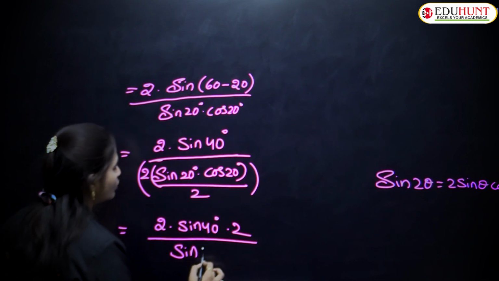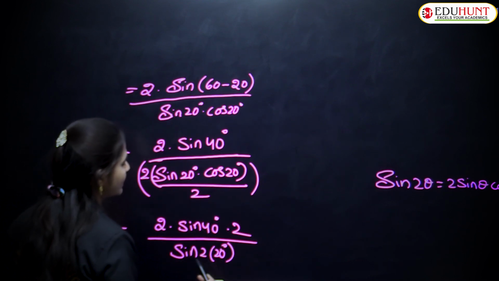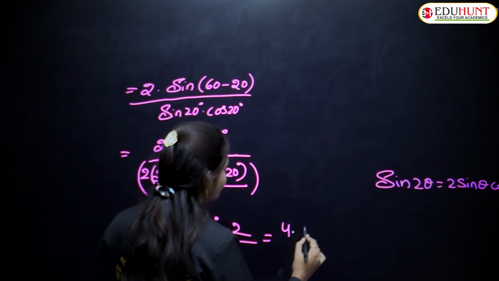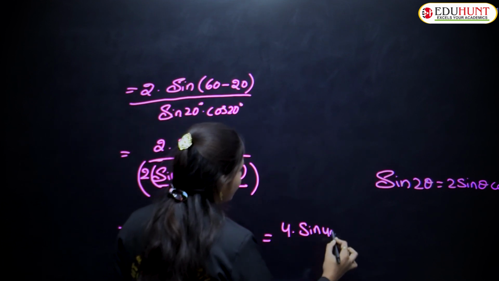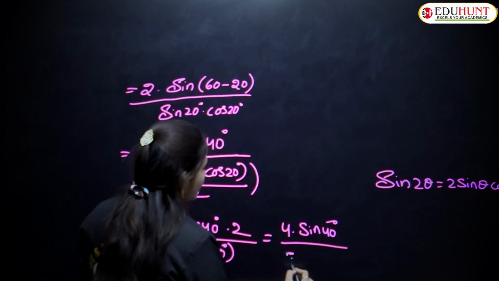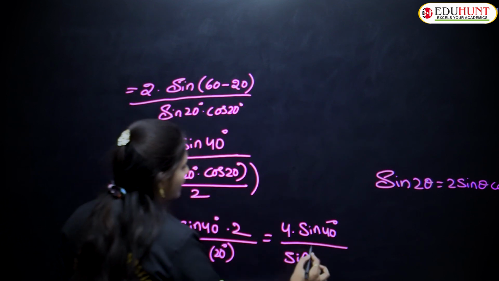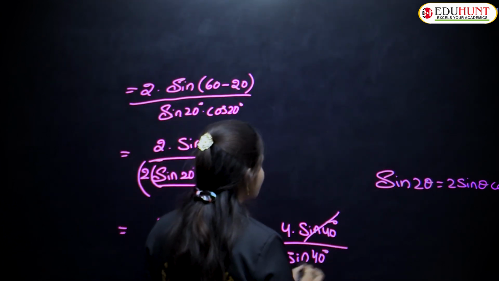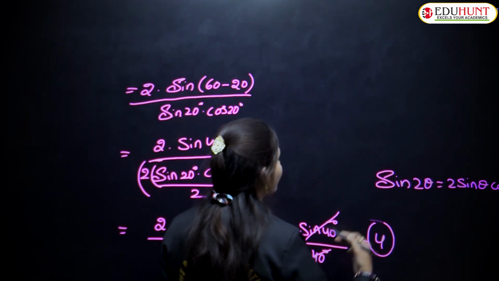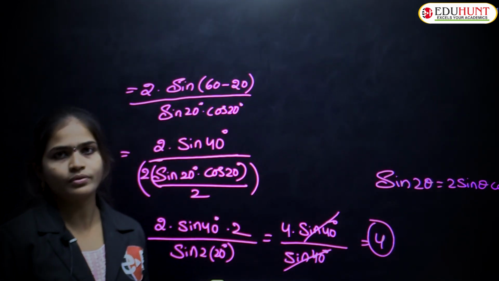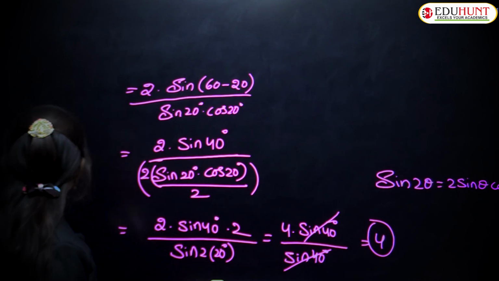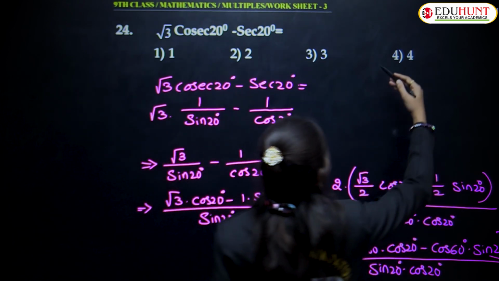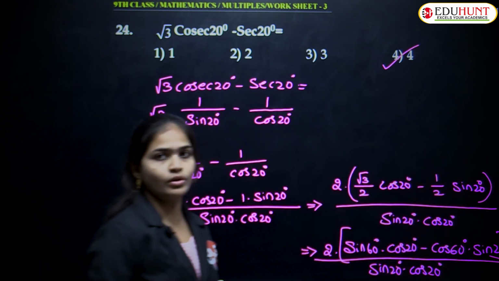So sin 2 theta, 2 into 20 degrees, which gives 2 into 2 is equal to 4 sin 40 degrees, whole by sin of 2 into 20 degrees, which is 40 degrees. Understand? So sin 40 and sin 40 get cancelled. Finally the answer is 4. What is the answer? Answer is 4. So which option is correct? Yes, option 4 is correct, that is 4.